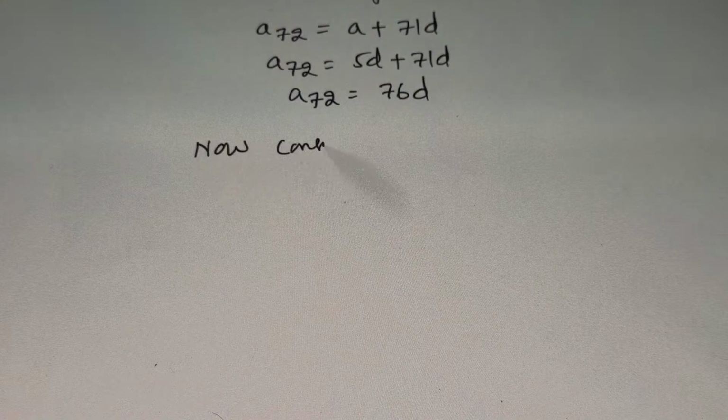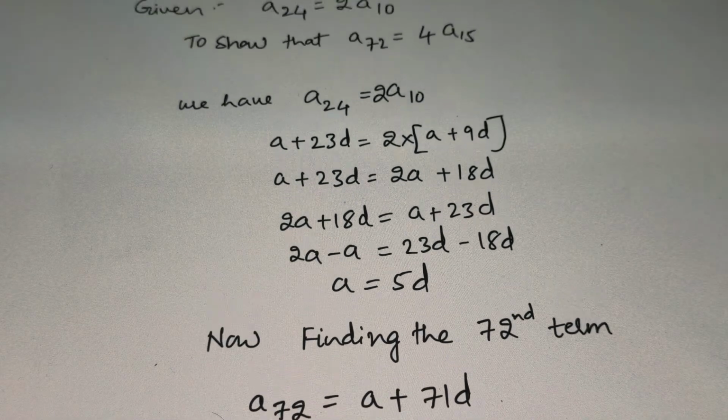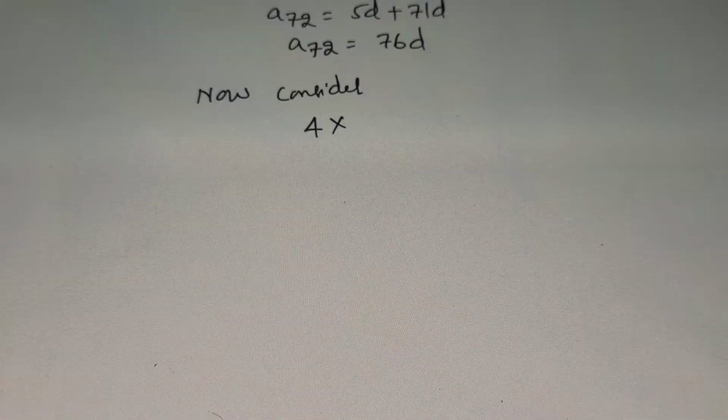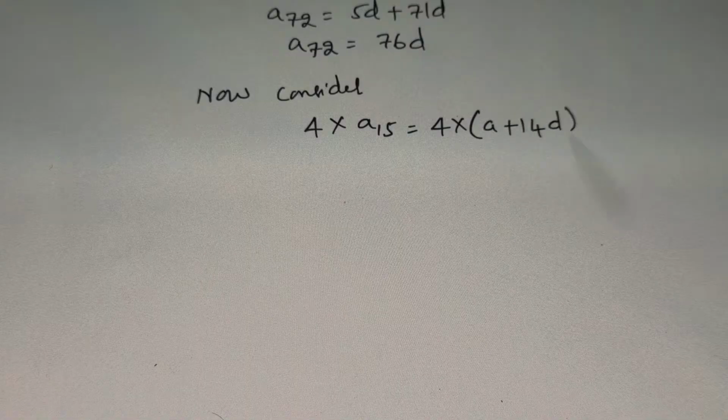So now consider 4 into A15, which is equal to 4 into A plus 14D.